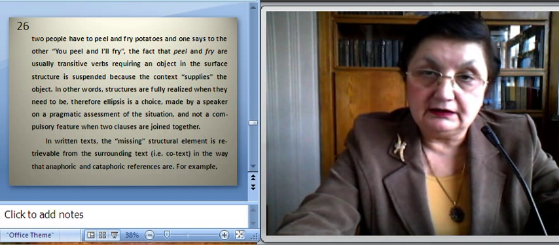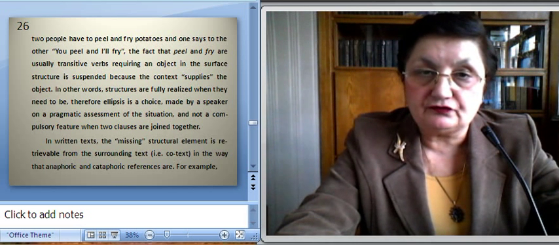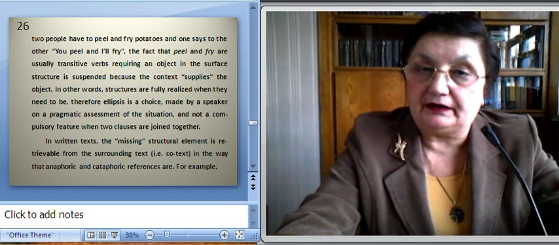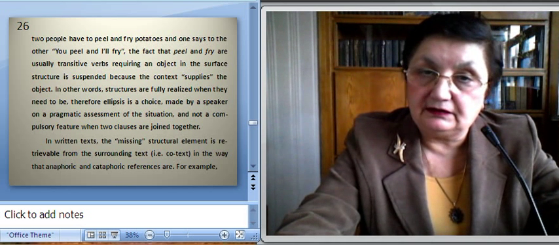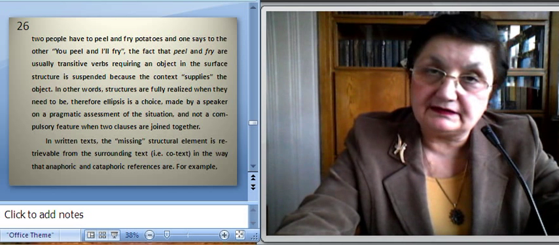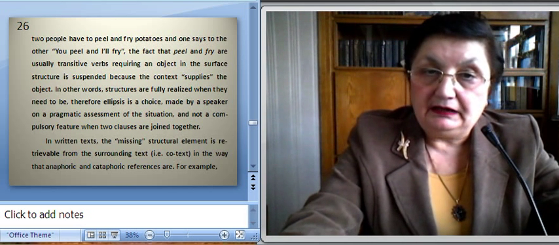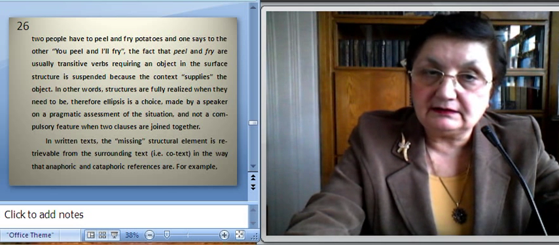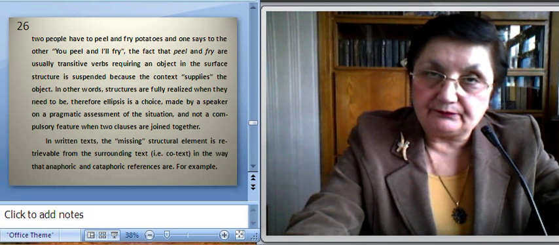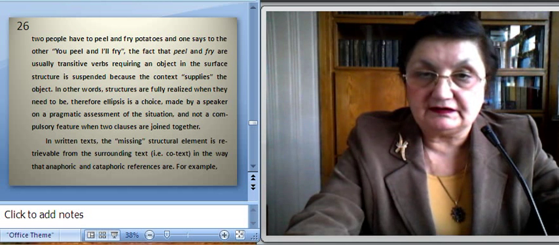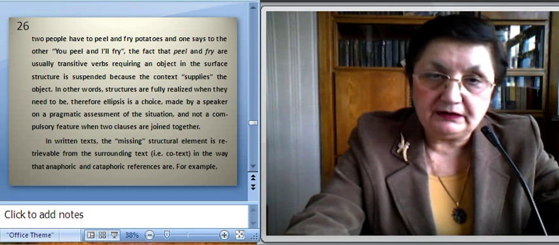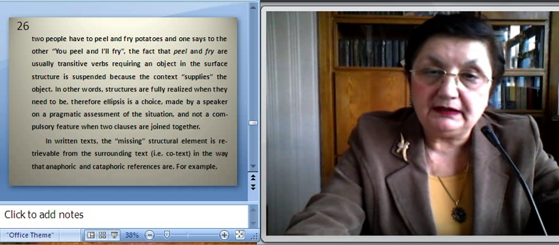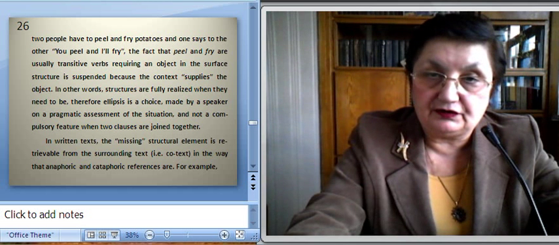Therefore, ellipsis is a choice made by the speaker or the writer on a pragmatic assumption of the situation, and not a compulsory feature when two clauses are joined together. In written text, the missing structural element is retrievable from the surrounding text, that's co-text, in the way that anaphoric and cataphoric references are.